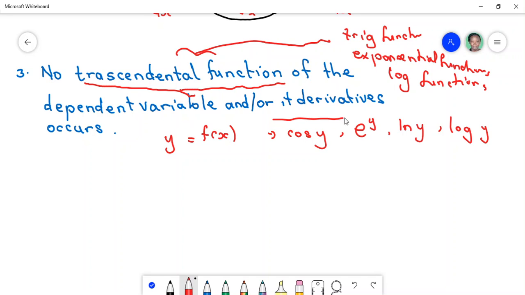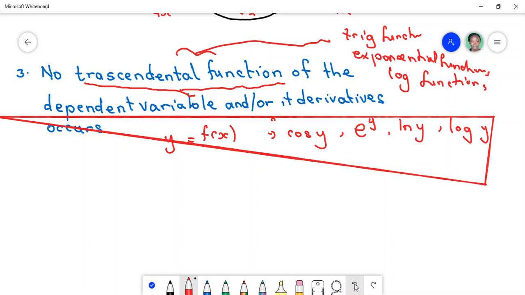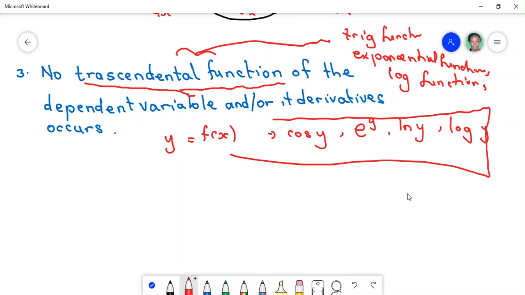Under no circumstance should you have anything of this sort. If it happens, then this is a no-no. It makes the equation non-linear. So anytime a differential equation is given to me, you check for this.